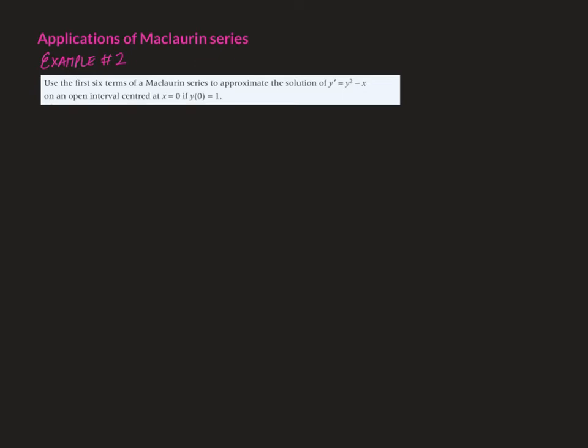So the way we're going to use Maclaurin series to solve this equation is we're going to start building the Maclaurin series of the function y based on the definition of the Maclaurin series.